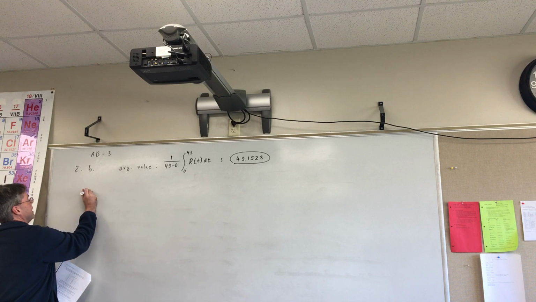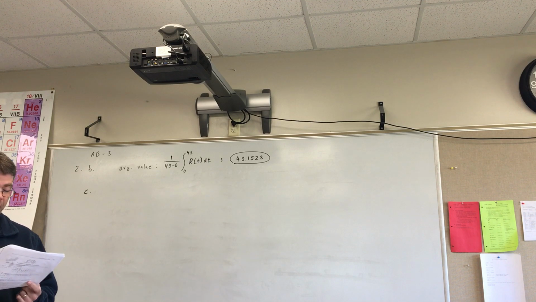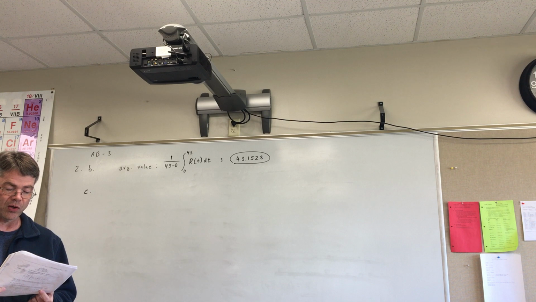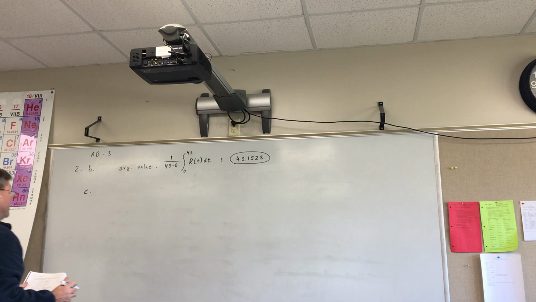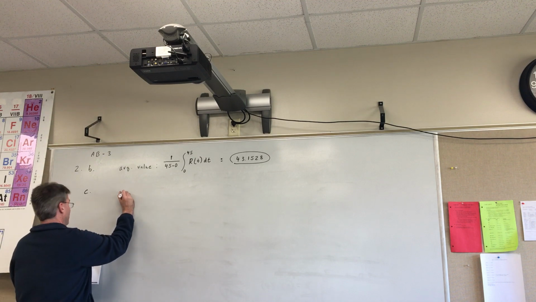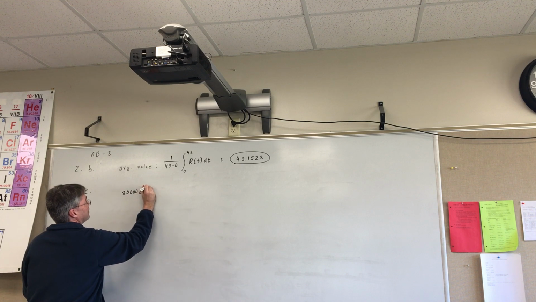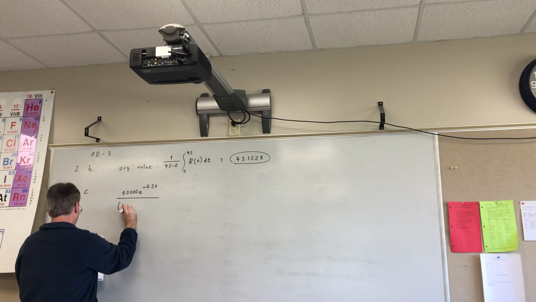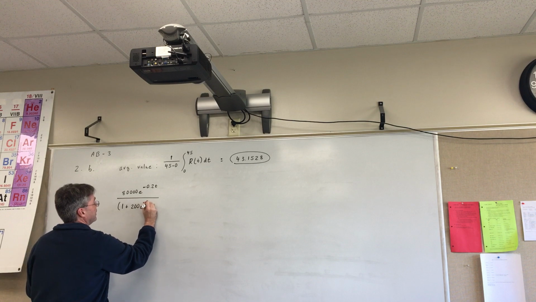And then part C says the disease is considered eradicated when the number of new cases per day does not exceed 5. Use R of t to find on what day this will occur. Okay, so what you're going to want to do is take R of t, which is 80,000 e to the minus 0.2t over 1 plus 200 e to the minus 0.2t, squared.